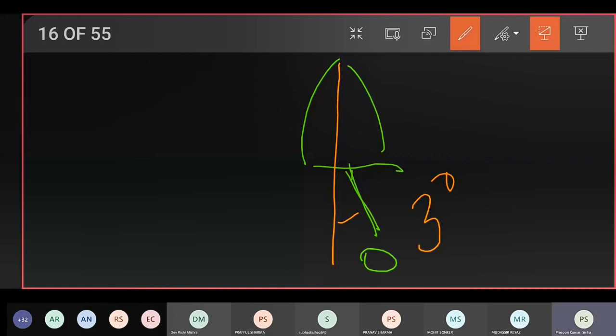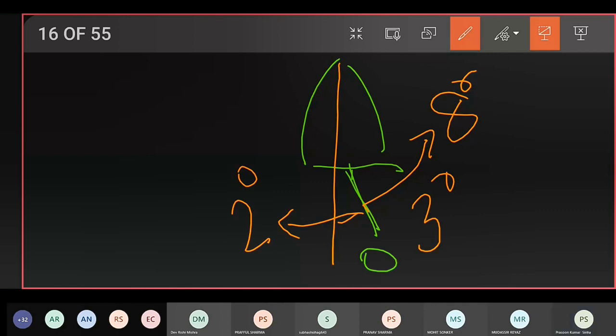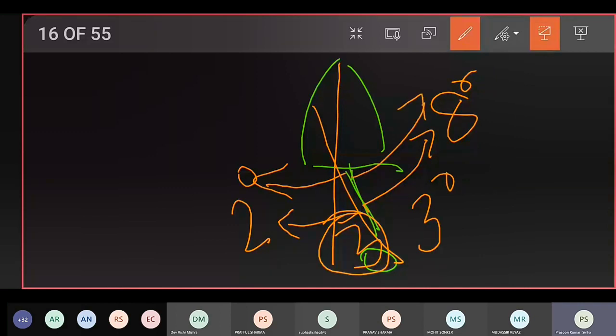So 5 degrees to starboard will take it to 8 degrees starboard, and 5 degrees to port will take it to 2 degrees port, because 3 degrees are already here. So from midship, from here, 3 plus 5 is 8.